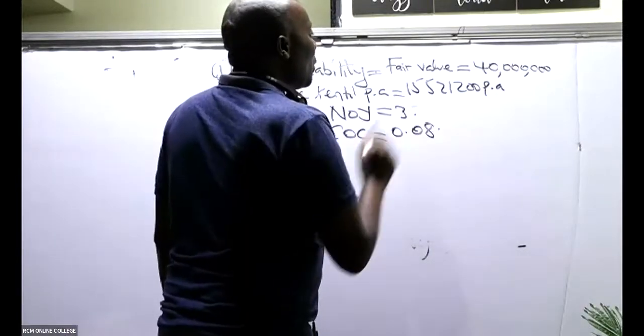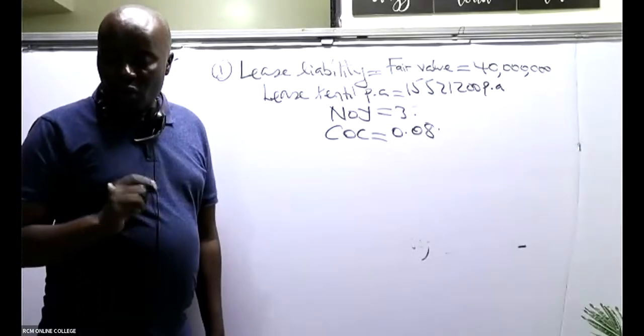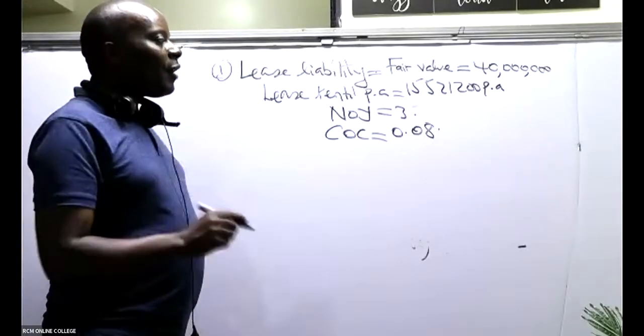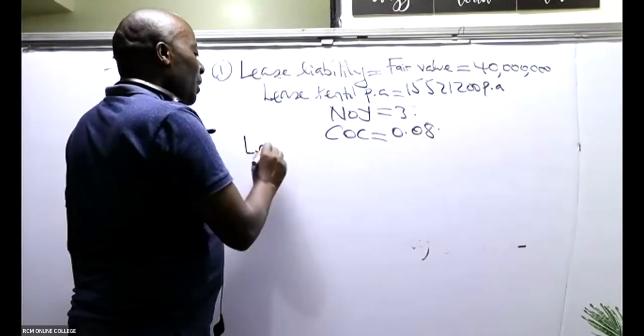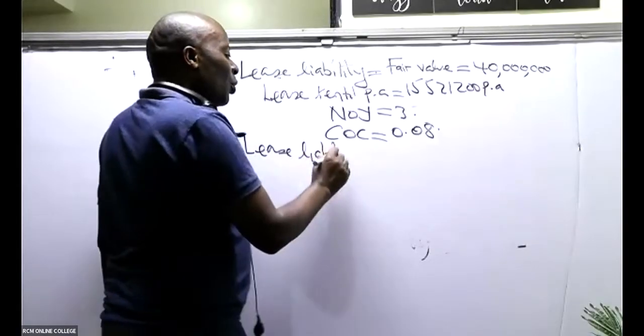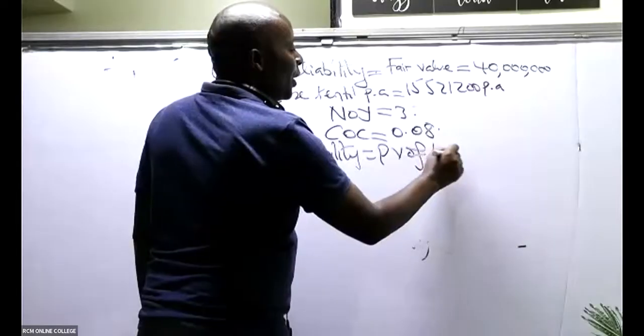I would want us in this case to assume that the fair value was not given. If the fair value was not given, I would have gotten this lease liability by taking the present value of lease rentals.